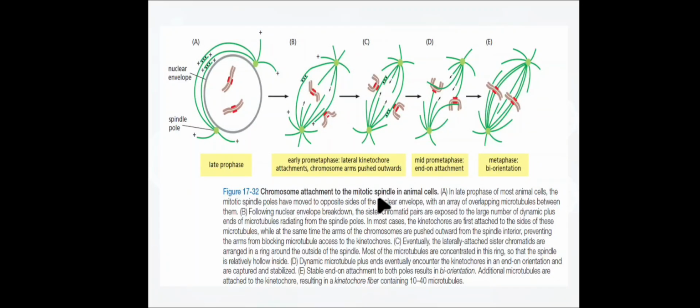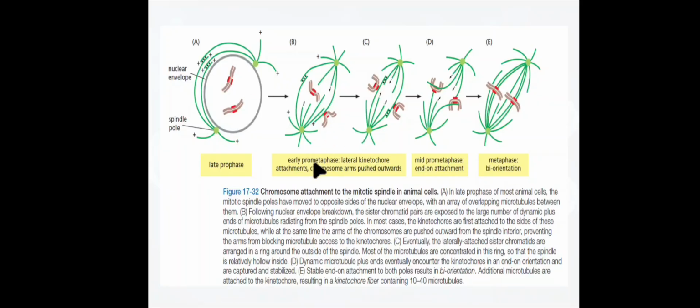Here there is attachment of the chromosome to the mitotic spindle. In late prophase, there is no attachment. The mitotic spindle poles have moved to opposite sides of the nuclear envelope, but there is no attachment to the kinetochore.